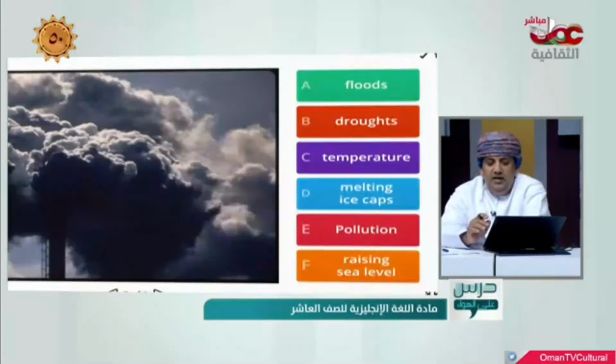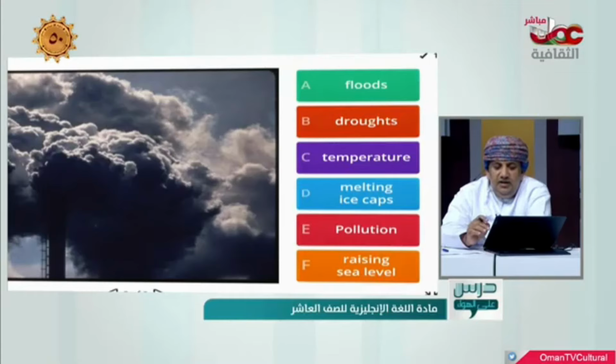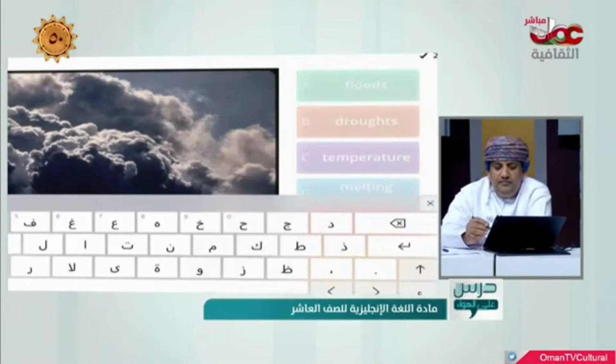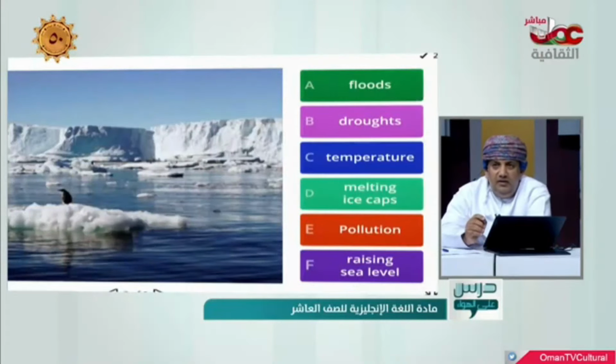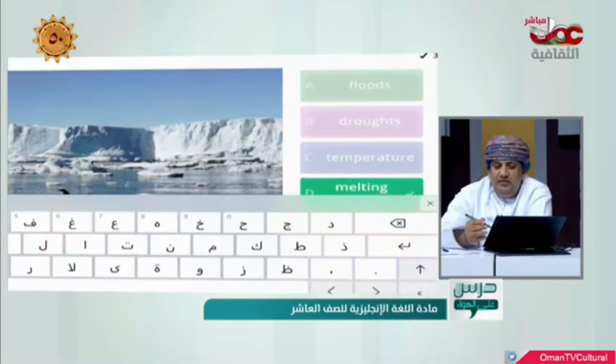What do you think? I think it's E, pollution. Okay, number 3. What's this picture? I think it's melting ice caps.